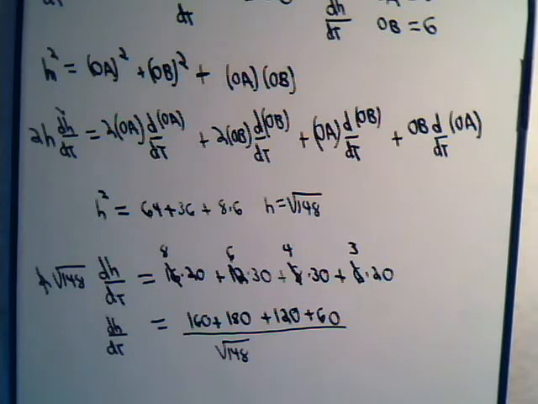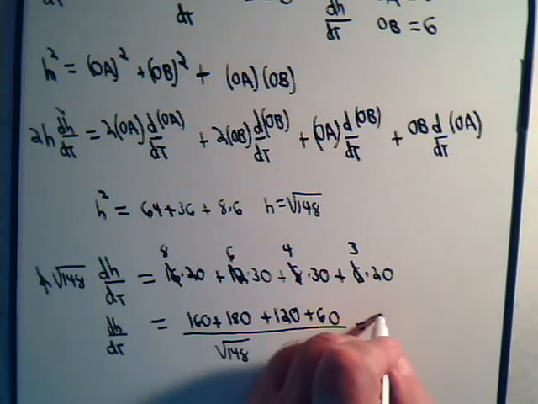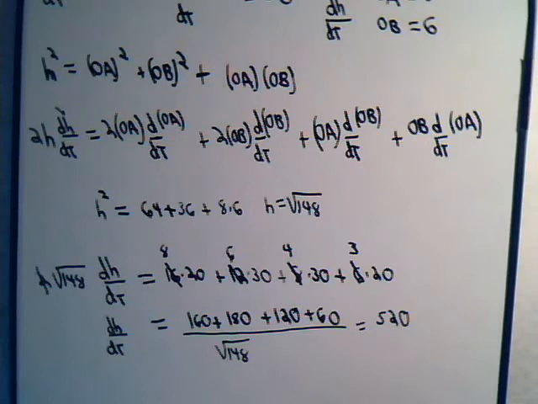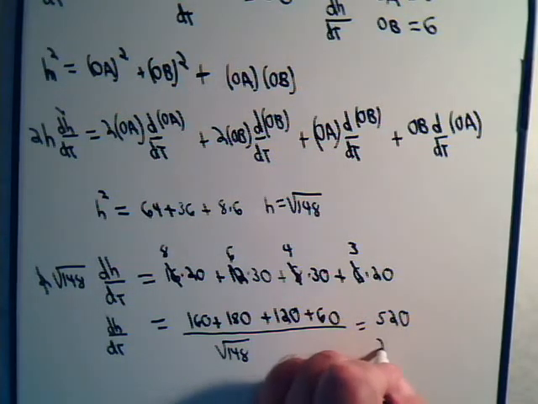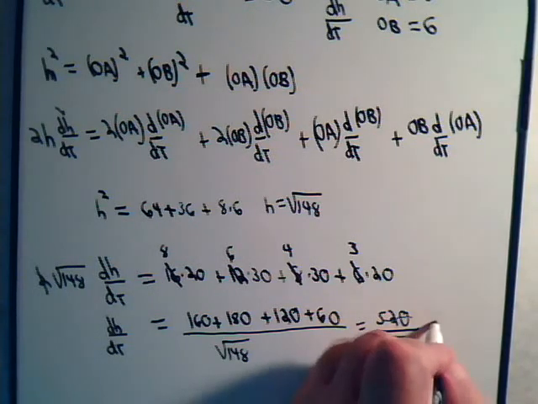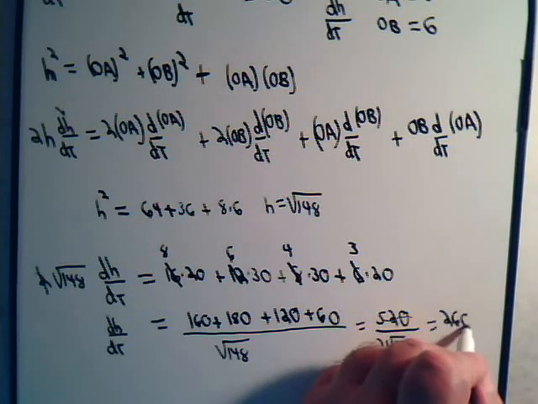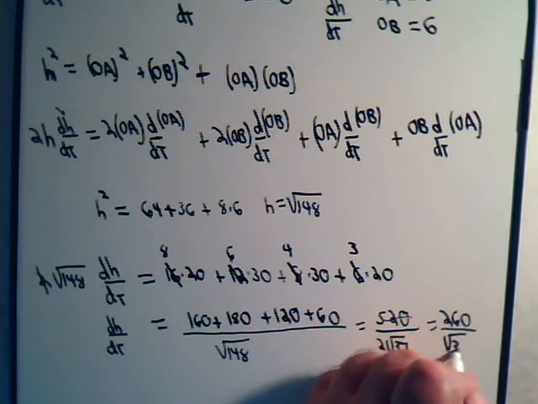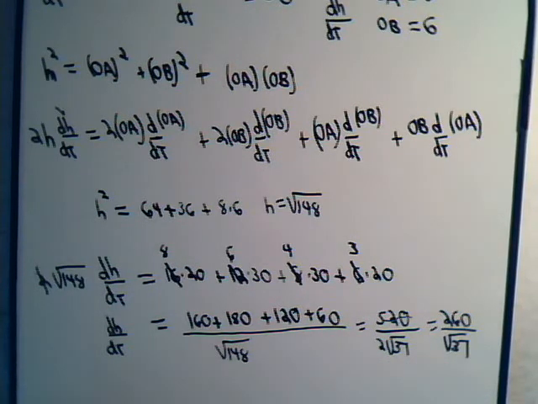And let's see, we have here 300 plus 220, looks like that's 520. And this is 37 times 4, so that would be 2 times the square root of 37, and this would be 260, so 260 divided by the square root of 37.